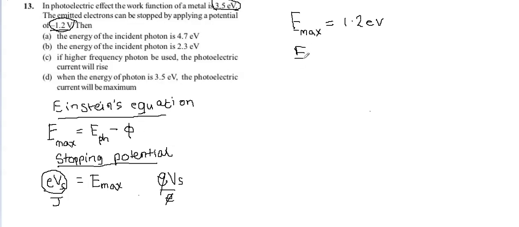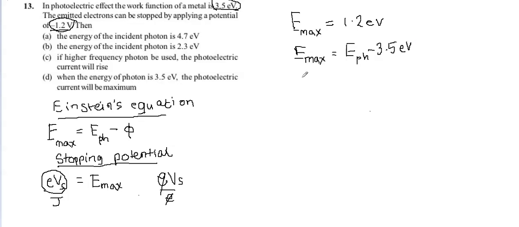So we get E max is equal to the energy of the incident photon minus the work function, that's equal to 3.5 electron volts.